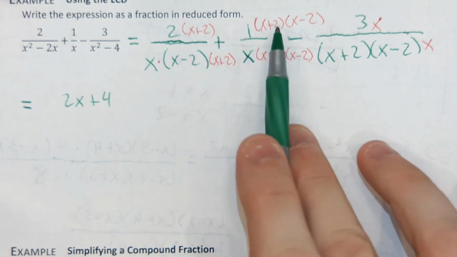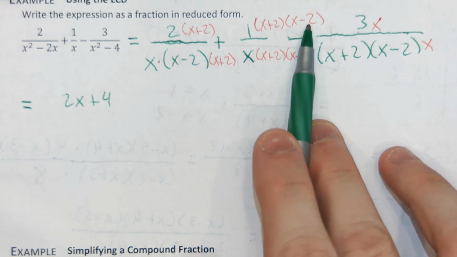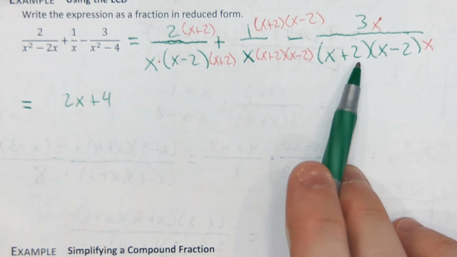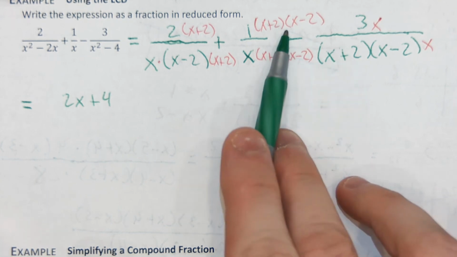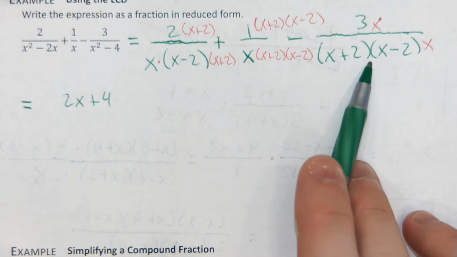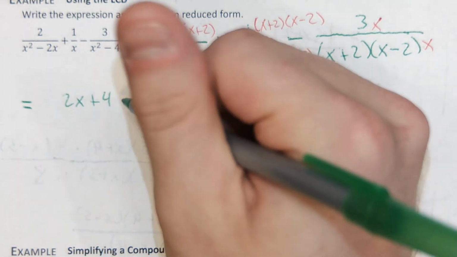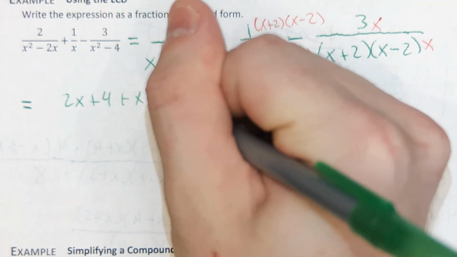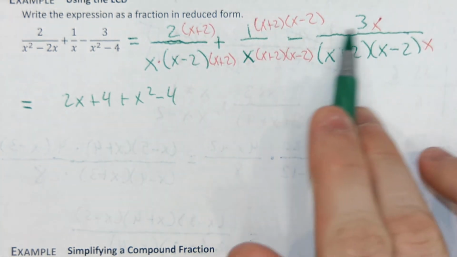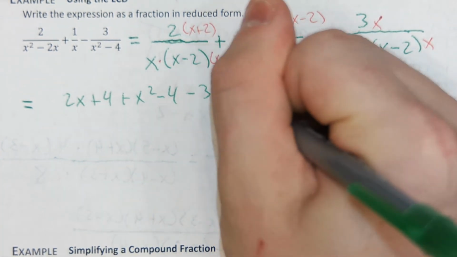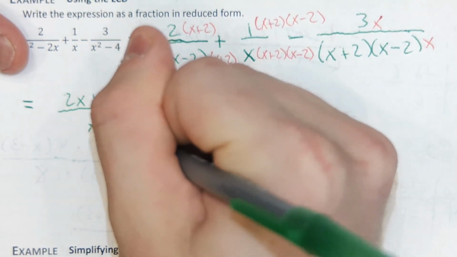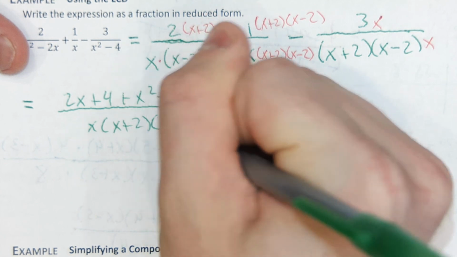So we just need to know, what does x plus 2 times x minus 2 give us? Well, it gives us that. I mean, that's where those things came from, right? So this x plus 2, x minus 2 has to equal what this one does, which is x squared minus 4. And then right here, there is a minus 3x. And all of that is over x times x plus 2 times x minus 2.